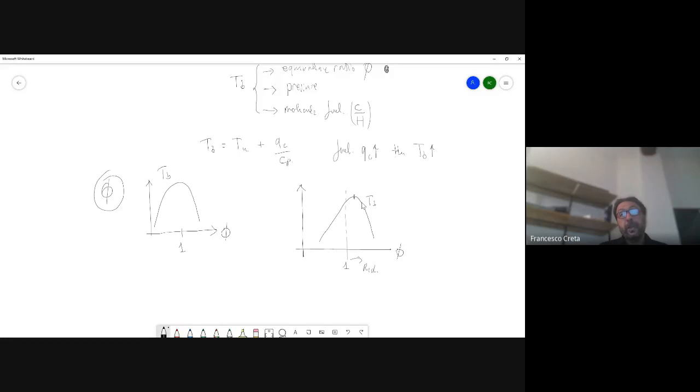So the peak is not exactly placed at the stoichiometric value, but it's a little bit displaced on the rich side. Now, why is this?